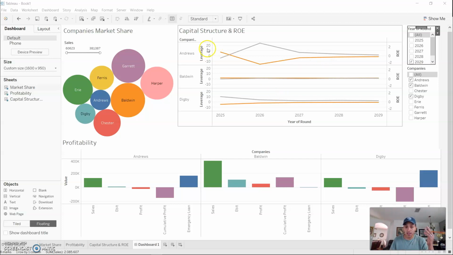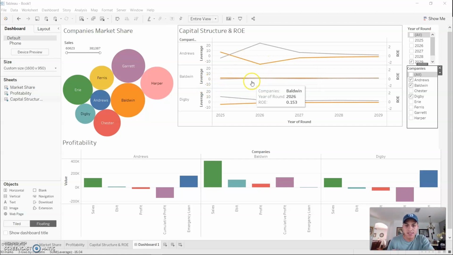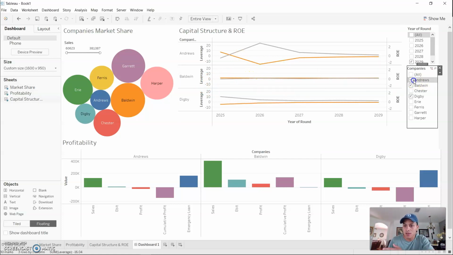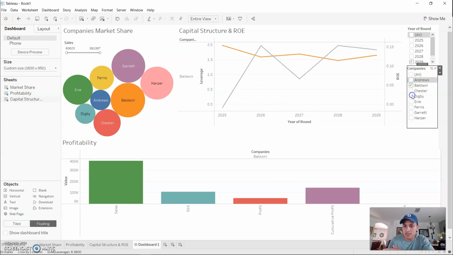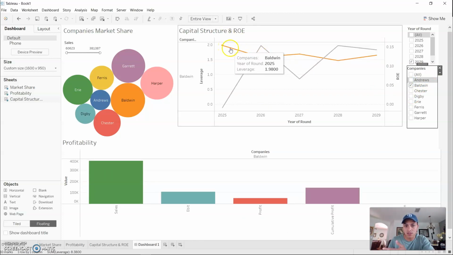As we can see here in Andrews and Digby, they had a rather less stable capital structure than Baldwin, which maintained a very steady capital structure on a leverage of between 2 and 1.65.